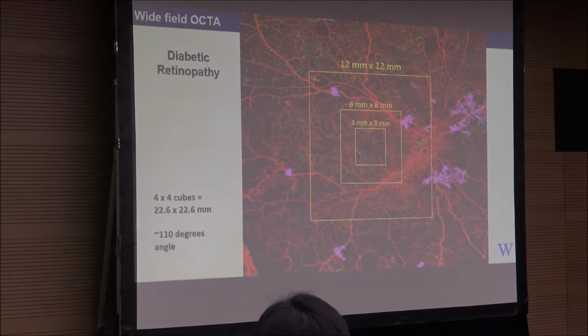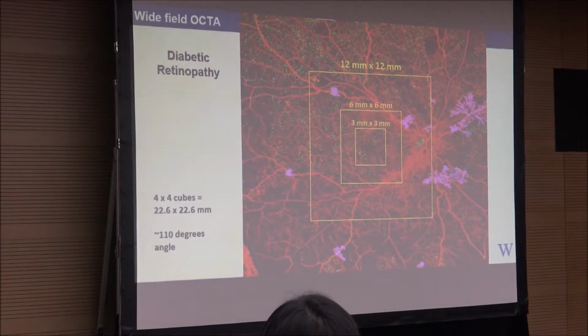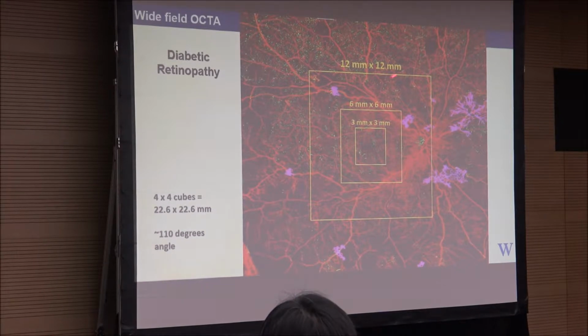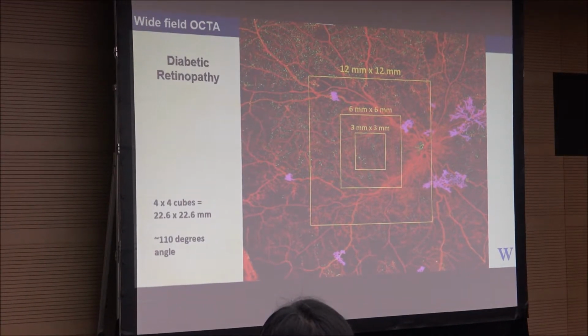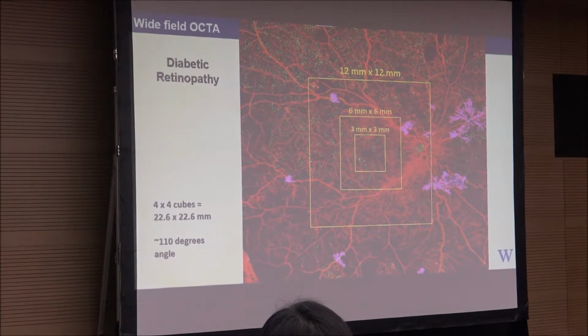Now I gave you an example of these ultra-wide field of view scans using the montaging scanning protocol. I have these 3x3, 6x6, and 12x12 scans overlaid on this ultra-wide field of view. As you can see, this ultra-wide field of view really gives you more detailed information in the periphery, which is pretty important for the early assessment of diabetic retinopathy.